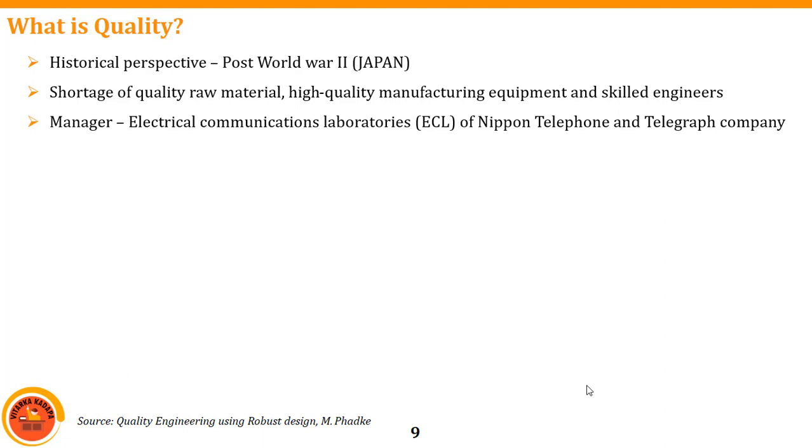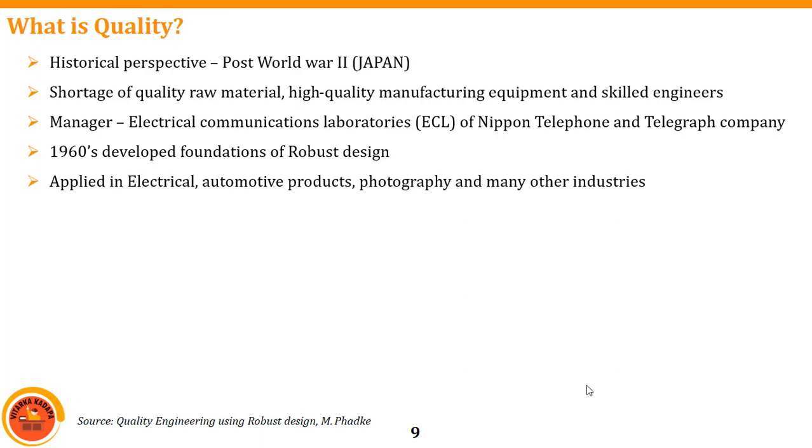At that time, the government decided to adopt quality oriented aspects into the system. They found a manager in the ECL, the Electrical Communications Laboratories of Nippon Telegraph and Telephone Company, called Taguchi, and he implemented the robust design philosophy in the 1960s. This philosophy has been applied in electrical industries, automotive products, photography industries and many other industries.